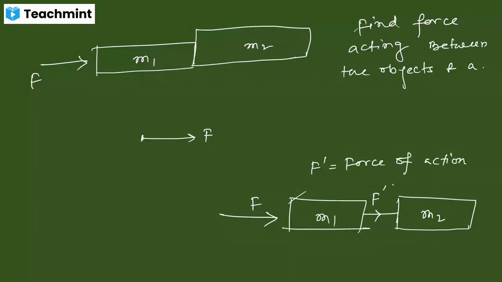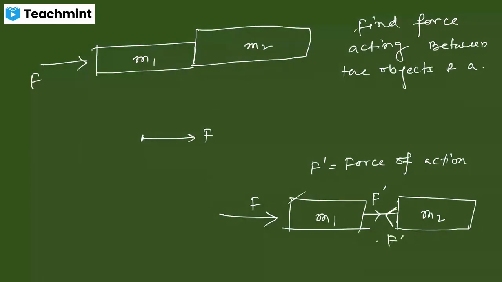Who has applied the force? M1 has applied the force. On which object is it applied? On M2 it is applied. So for every force of action, there is an equal and opposite force of reaction. So M2 will apply the same force on M1 in this direction.